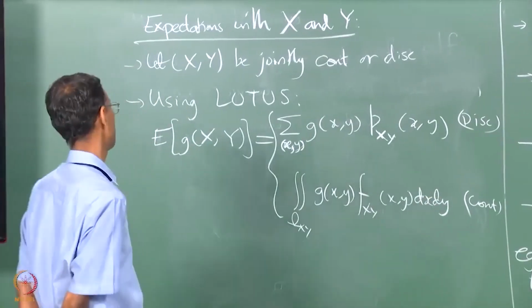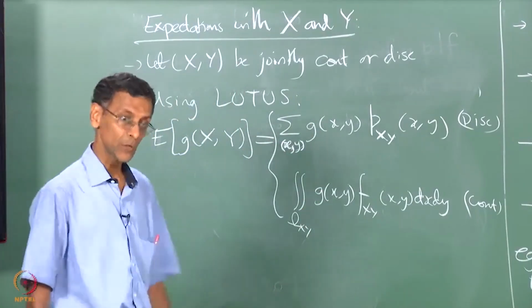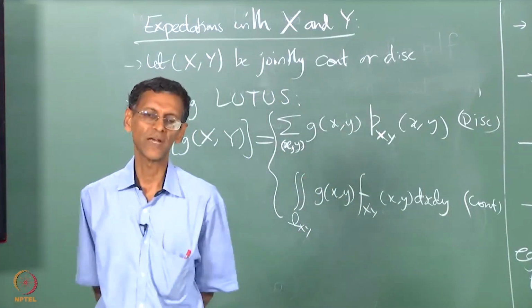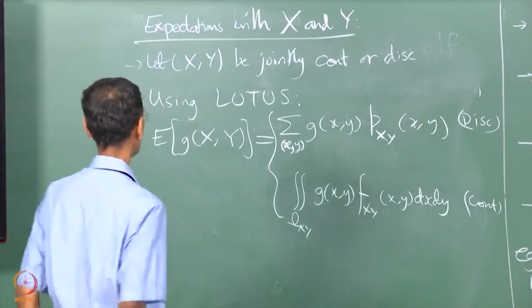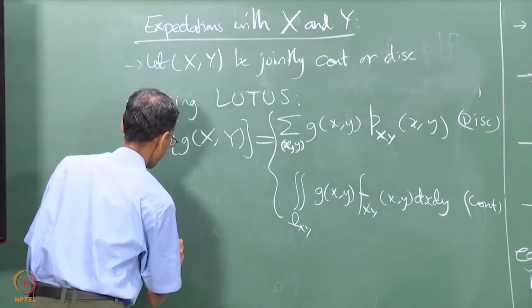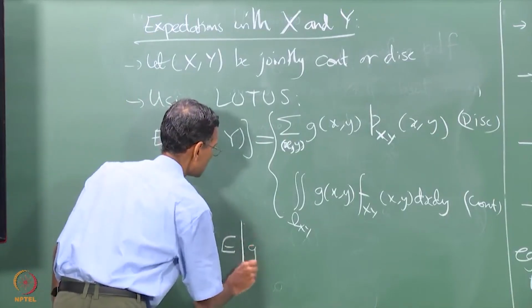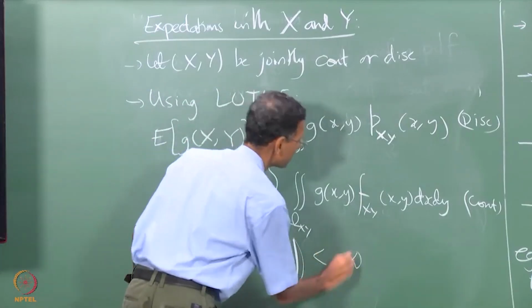Again these quantities on the right hand side make sense if and only if, when you put the absolute value, the result is finite. In other words, provided E of mod g of x, y, the absolute value of this function, is finite.